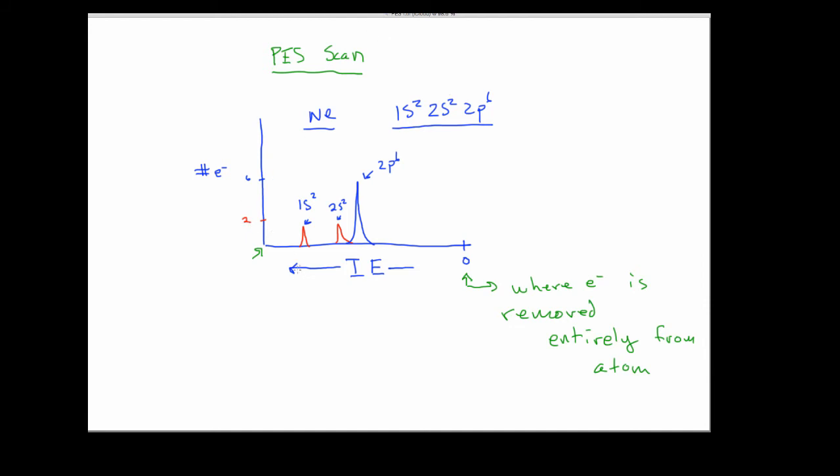And you can see for neon now we get a series of peaks. The interesting thing is that we're going to get a total of 3 peaks. The first peak that we get here with the highest ionization energy, the energy that is closest to the left part of our axis here, this peak proportionately has 2 electrons in it. And then as we move to the right, we end up encountering 2 more peaks. The first peak we come to, again, is shorter than the second one to the right.